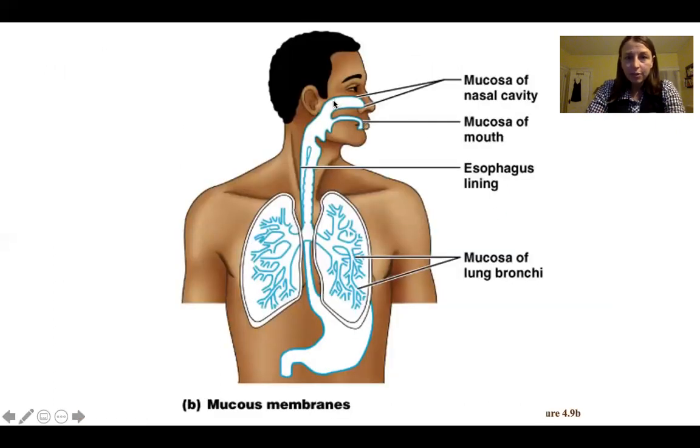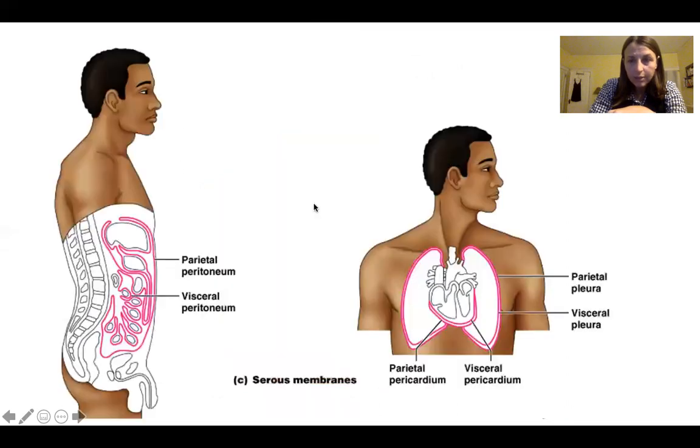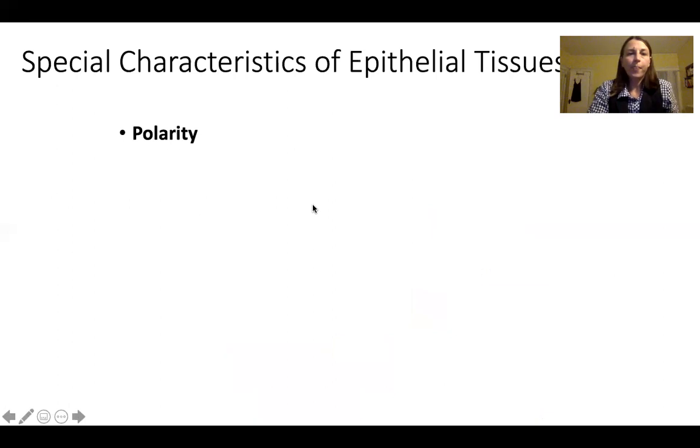So the apical surface, my arrow is pointing at the apical surface. Now if I come around, here, this would be the basal. So in the esophagus, the apical surface is open to the cavity, and the basal surface is connected to the connective tissue. Okay.